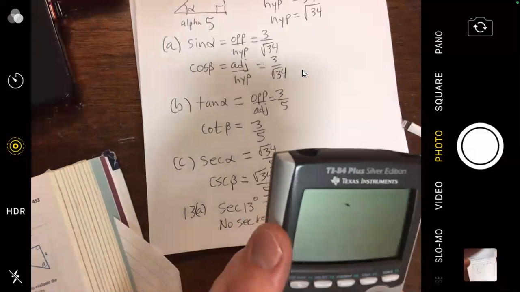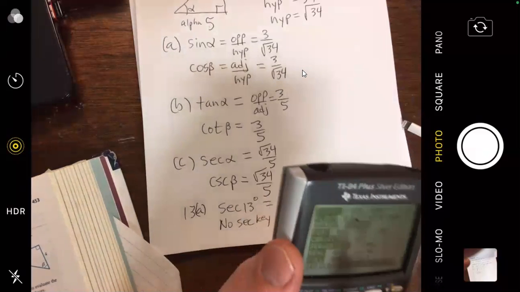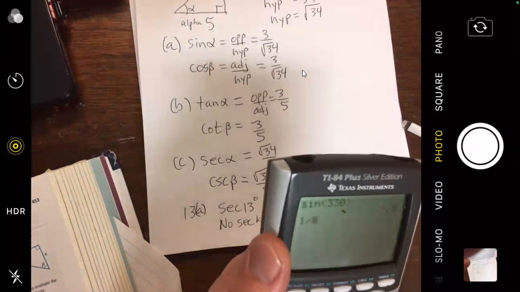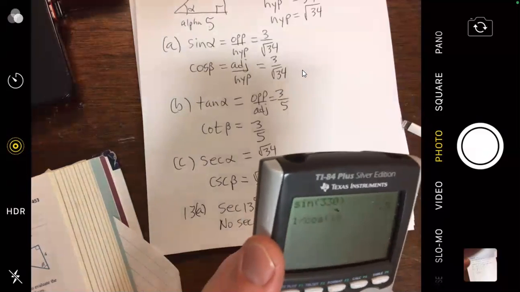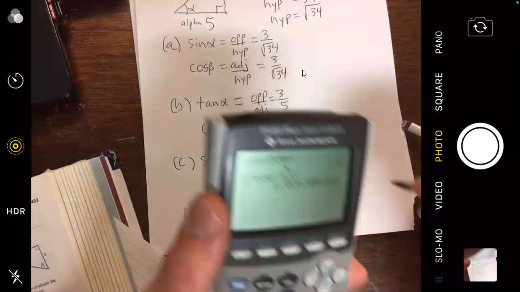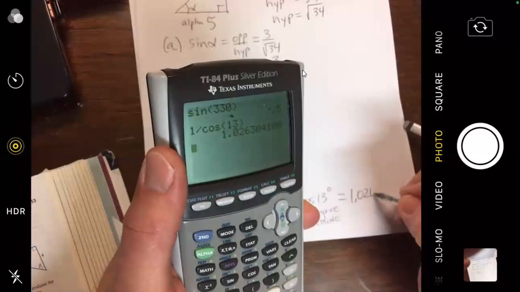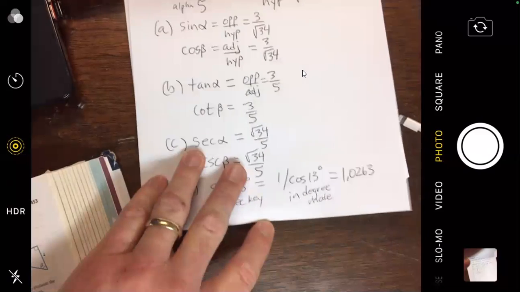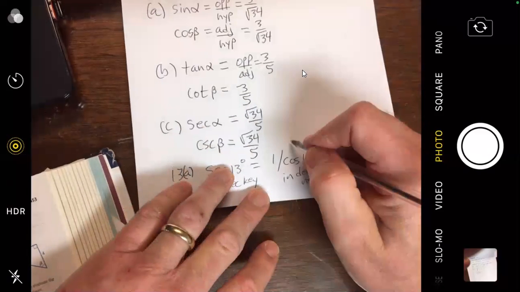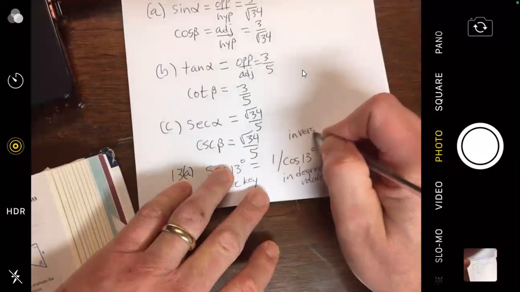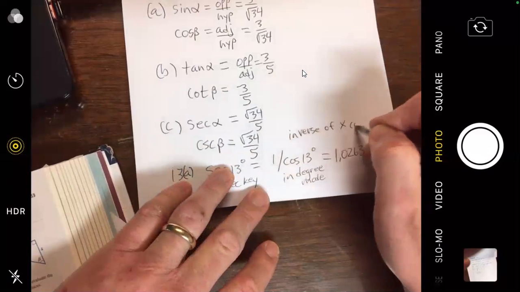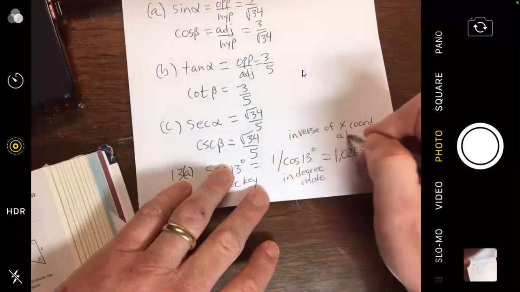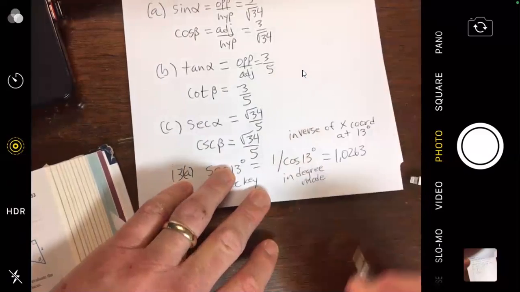Am I in degree mode? Yeah. 1 divided by cosine 13, 1.0263. It's the inverse of the x-coordinate at 13 degrees. That's what this means.